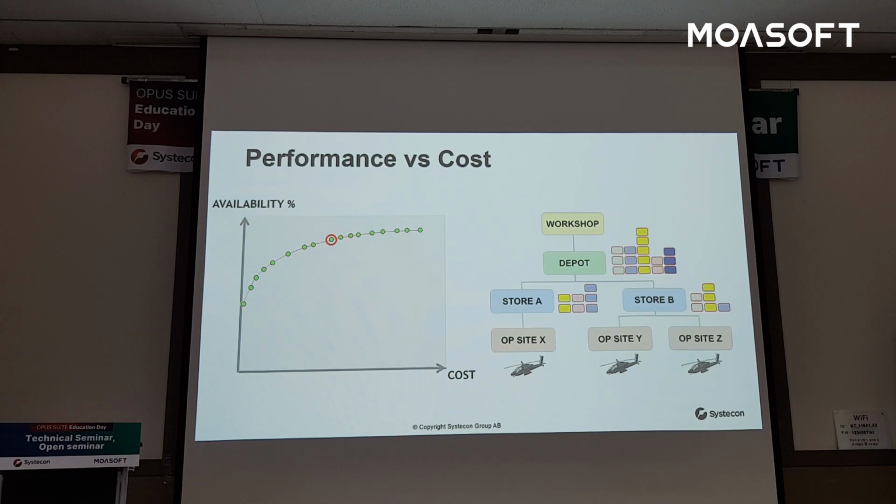I'm just saying that there are no secrets in the mathematics. Those are well-known algorithms that are used, but with the smartness of OPUS, we can handle really large solutions and cases as well. And also there are no limitations, of course, in the number of echelons, as it's called, or levels, both in the support organization and in the breakdown of the structure of the systems.